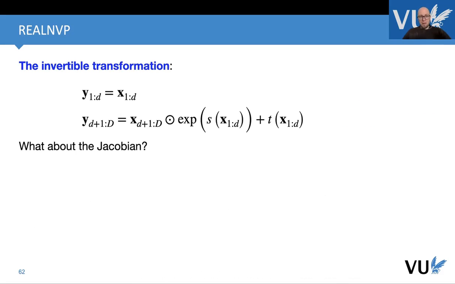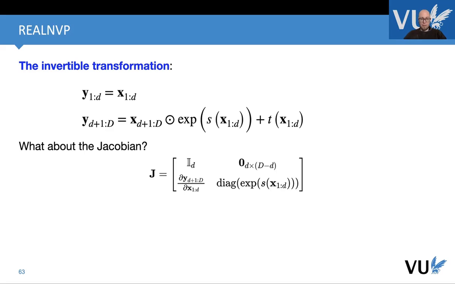All right, so now we have this invertible transformation, we are happy. And now, of course, the question is, what about the Jacobian, the guy that gives us this headache? But it turns out that it's actually very, very nice, because here we can even say that this is, I'll make it in color, plus 0 times x d plus 1 to d.